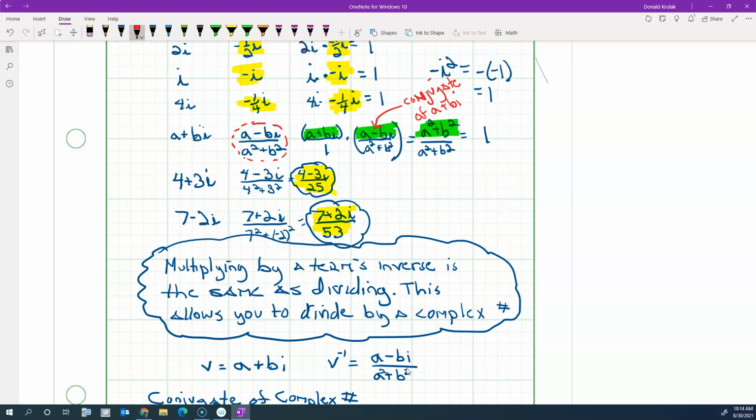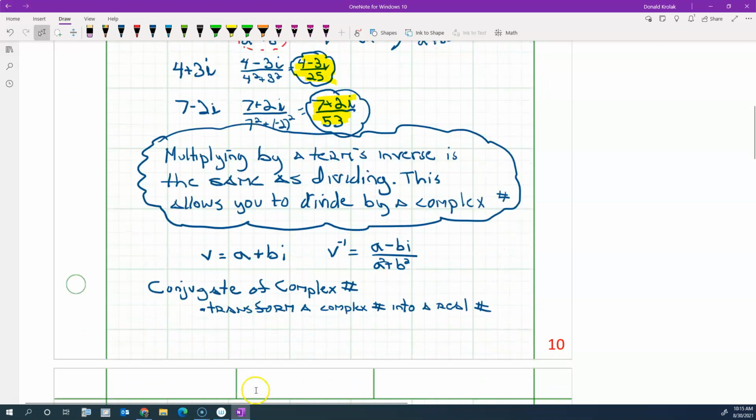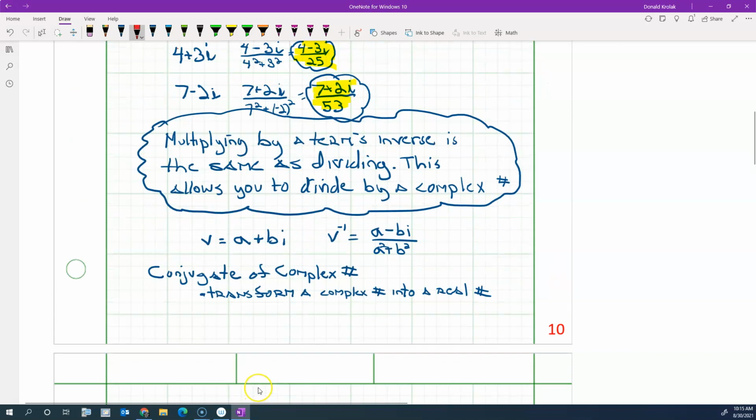So it eliminates the I. If you have a term A plus BI, its conjugate is A minus BI.